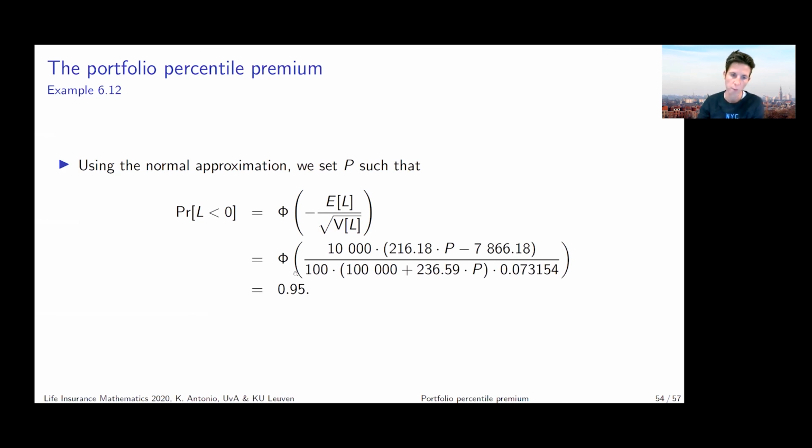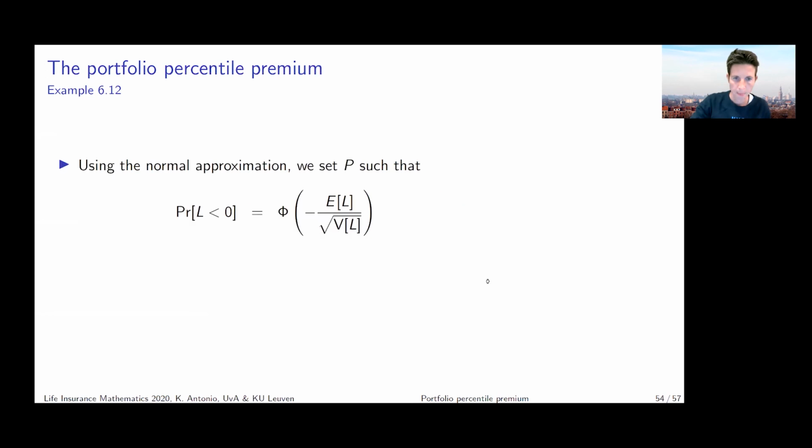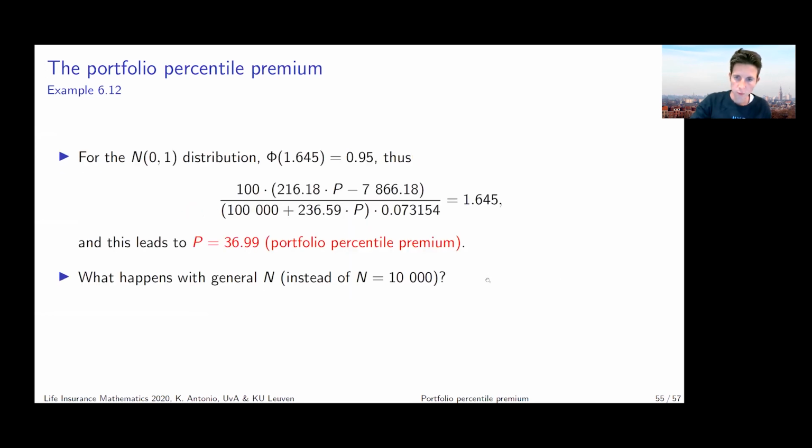In this case, a probability of 95% to make a profit. And of course, from your knowledge of the distribution of a standard normal, you then know that the expression between the brackets should be equal to 1.645. And then you can solve this for the unknown P, and that will give you the so-called portfolio percentile premium. So that's how this principle goes.